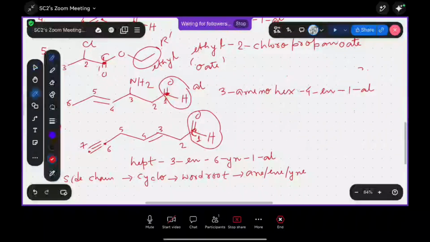If you are having en or yn, then you need to mention the locant as well. At which position? Like for example, third position en, so 3 en. Sixth position yn, so 6 yn. After that, we move to the suffix of the functional group.